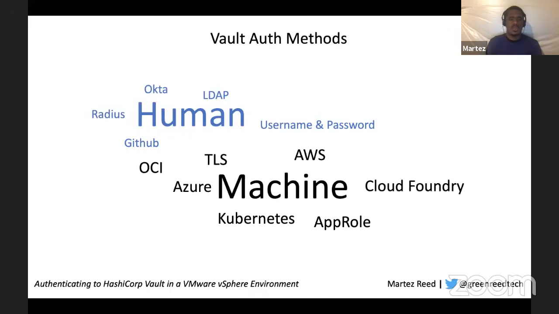One is human, the other is machine. In the case of the human, you have things like username and password, GitHub, LDAP, some of the common ones. In the case of machines, TLS, AppRole, and then the trusted platforms like AWS, Azure, Cloud Foundry, and more.